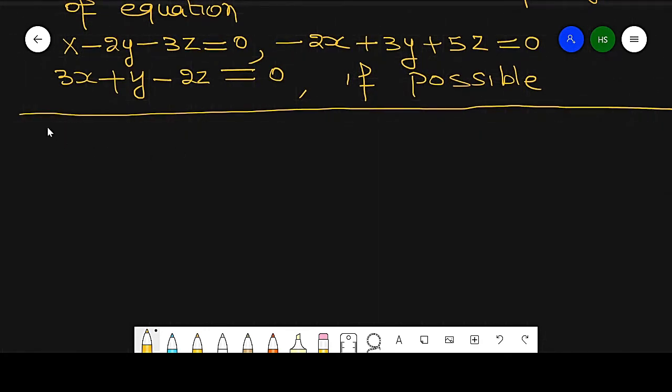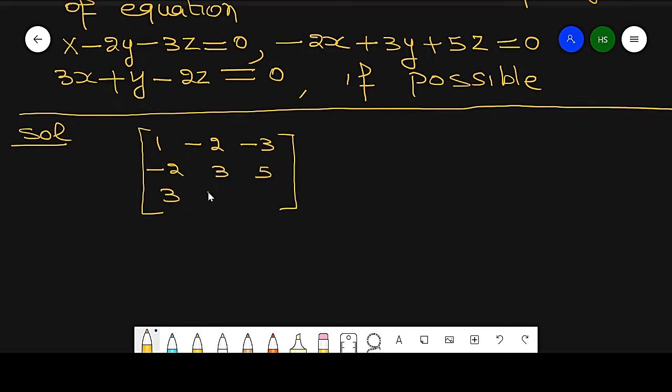So step number 1, solution. First write this system of equations in matrix form. So this is [1 -2 -3; -2 3 5; 3 1 -2], and this is [x y z], and this is equal to [0 0 0].